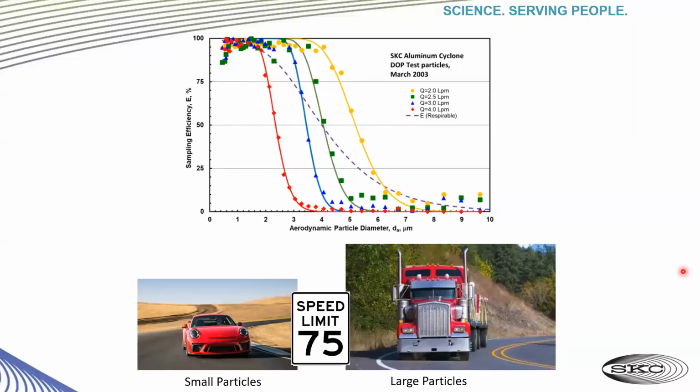However, if you increase that speed to 75 miles per hour, the larger vehicles will no longer be able to make the tight radius turns like the small sports car could, and they would therefore not make it to their final destination. Now, in the case of particles, that final destination is the 37 millimeter collection filter.